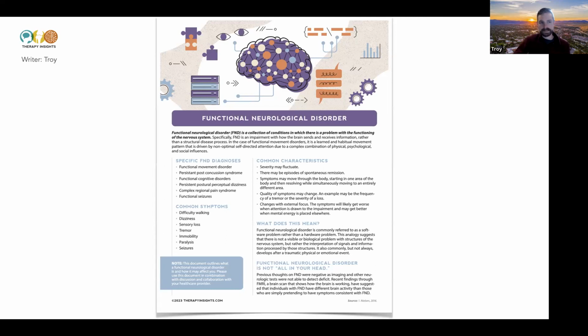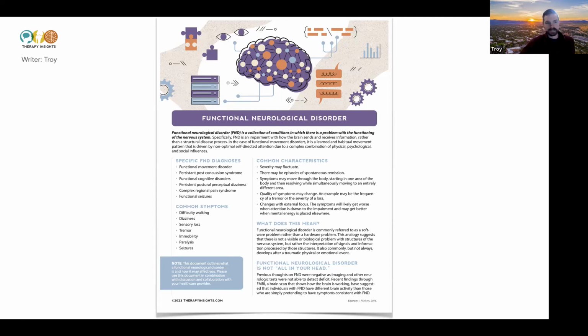So classically, what this was called, way back in the day in medicine, would have been hysteria, or we'll hear conversion disorder, things like that, classically like, oh, this person is faking it, right? What we're finding with functional neurologic disorder is that that's not actually the case.